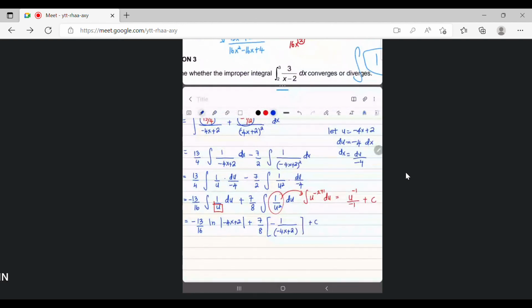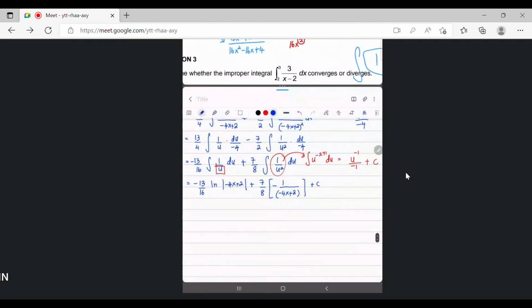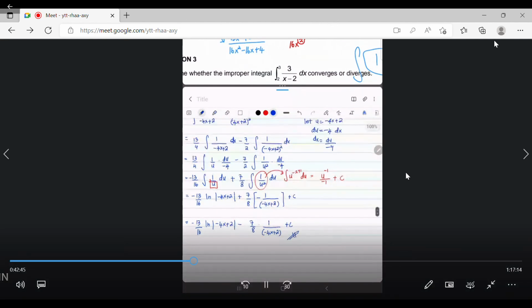And then, just susun balik, just ni negative 13 over 16 ln negative 4x plus 2 minus 7 over 8. Kalau you nak combine pun tak jadi masalah. Kalau you nak tulis macam ni pun tak jadi masalah. Dua-dua pun akan dapat full marks juga. Okay, so this is your final answer.